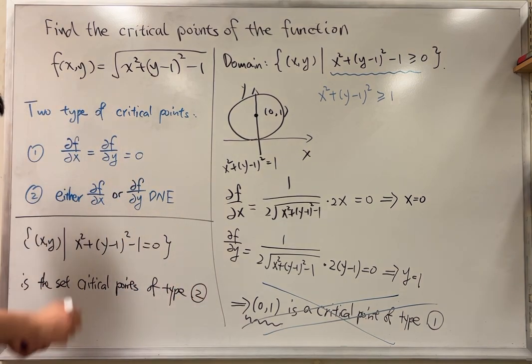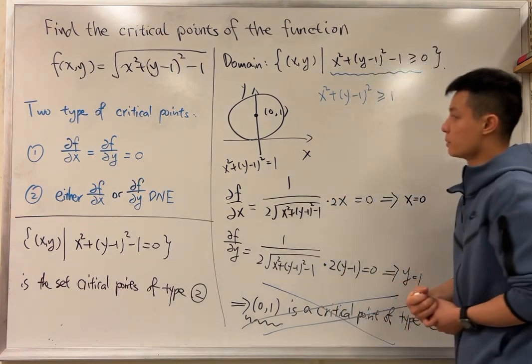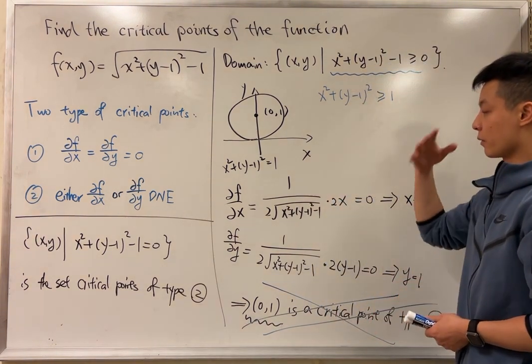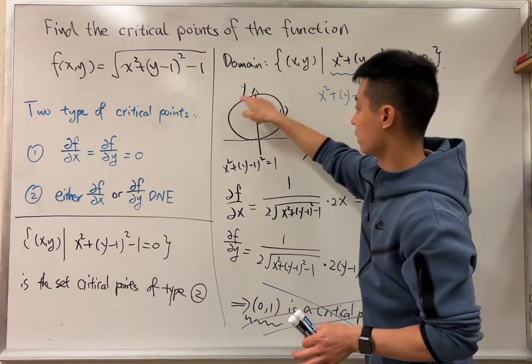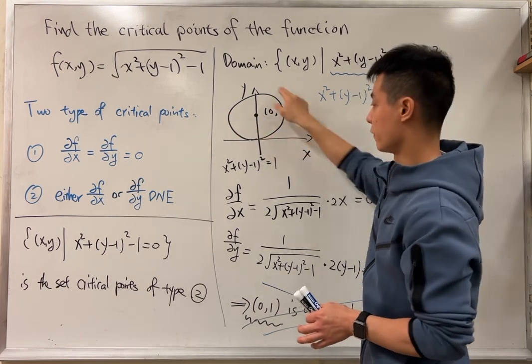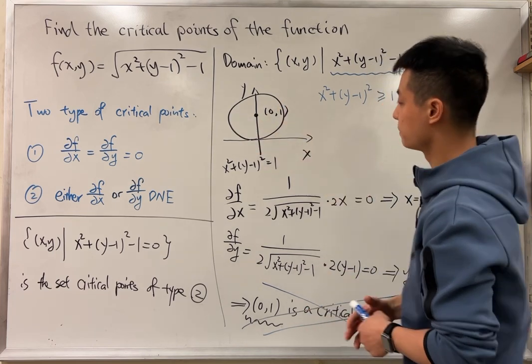Okay. So in summary, the only critical points of this function are the points exactly on the boundary of this circle. Okay. So that is how we deal with this question.